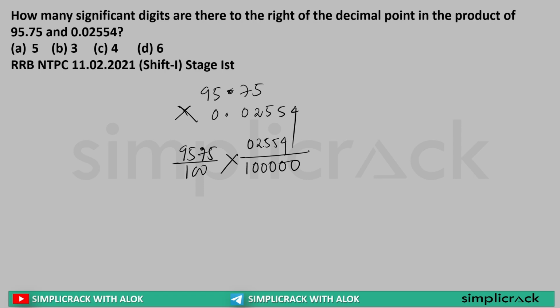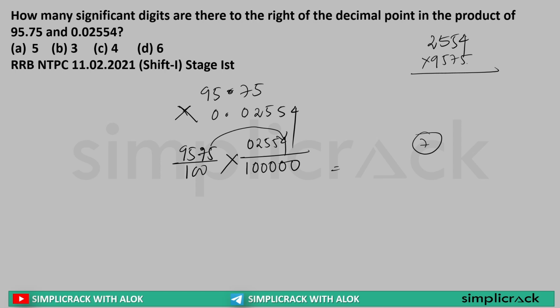Now understand this. 5 fours are 20. So a zero will cross out. So in order to solve this question, you should be using common sense first. First thing, how many digits will be there? Sir, 1 2 3 4 5 6 7. So first 7 zeros will be there. Now out of this, if I take out the zeros, because zero has no value right now, 2554 multiplied by 9575.